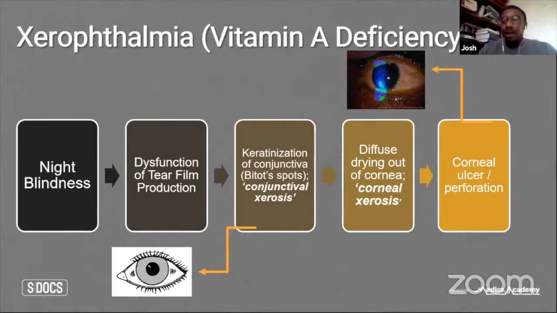You're going to make it very vulnerable to infection, ulcer, and perforations as well. And that's exactly the case here. At the end stage of xerophthalmia is a corneal ulcer perforation. And that is when the cornea is starting to get affected, and it's really going to affect your vision permanently.